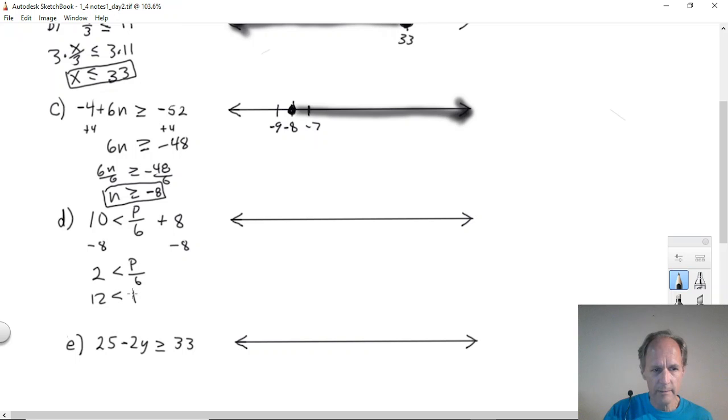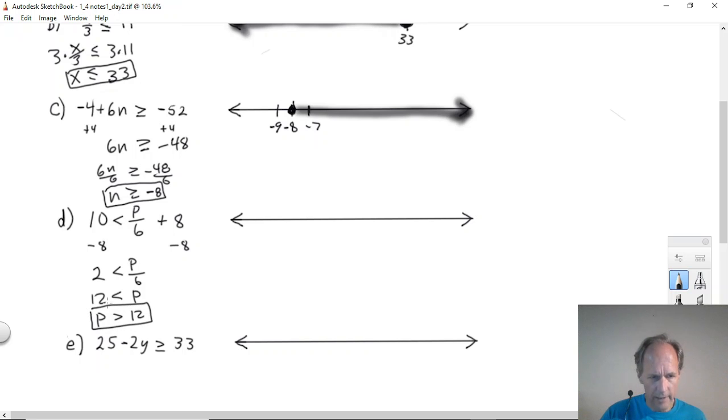And that's less than p. So we get 12 is less than p, but we'd rather write that as saying p is greater than 12. Okay, if 12 is less than p, p is greater than 12.